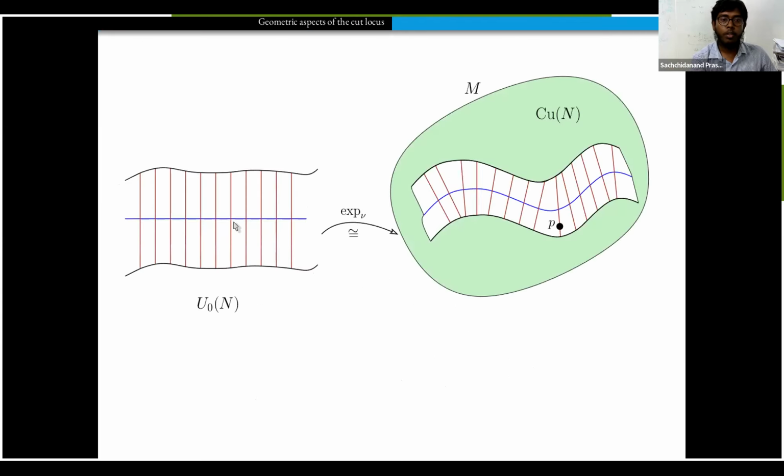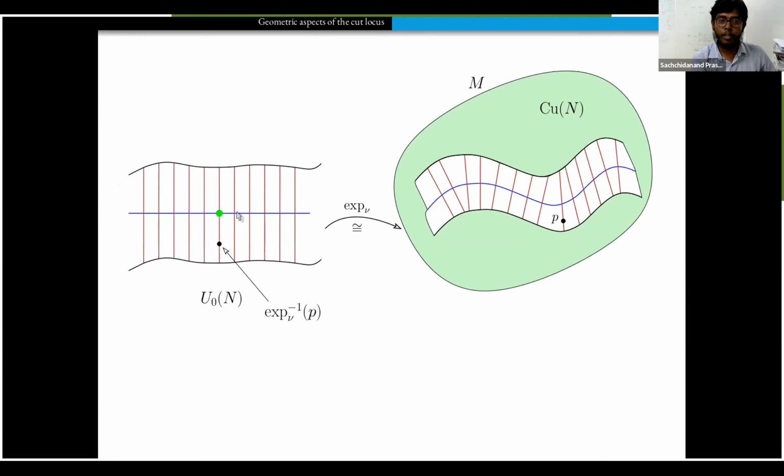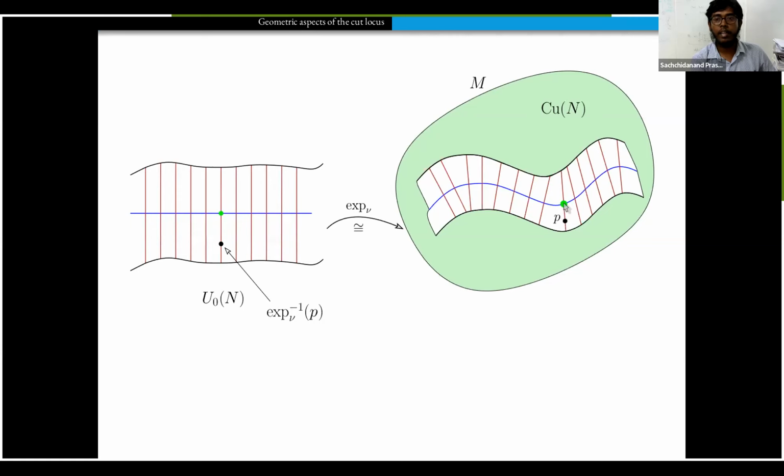So you have this U_0 M, which is M minus the cut locus, and if I take a point here, this exponential was a diffeomorphism, so I can take this point here, and this deforms to the zero section. So I have a point here, and then again by the exponential I can go here, and this proves the deformation.